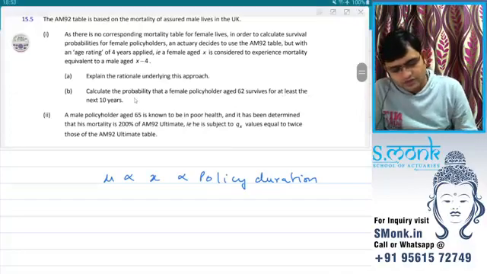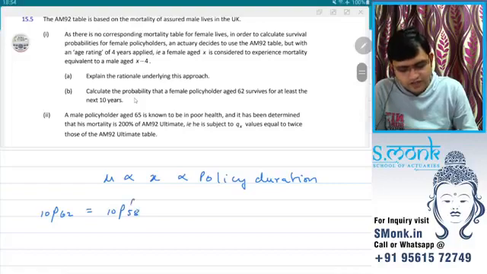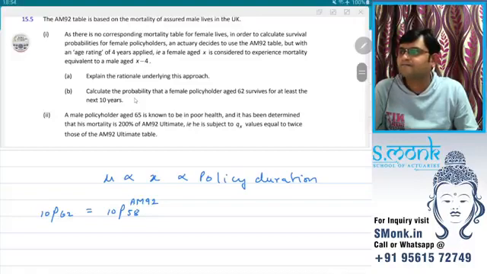So you are talking about the probability that a female aged 62 survives for the next 10 years. But if we convert it into AM92, it is the same as x minus 4. So it would be the same as 10p58 from AM92. Okay. So you can find this.